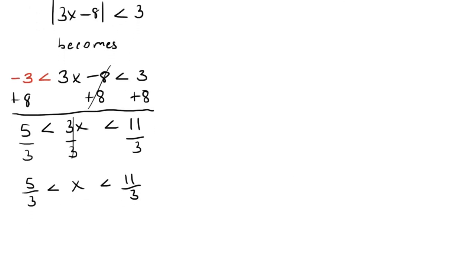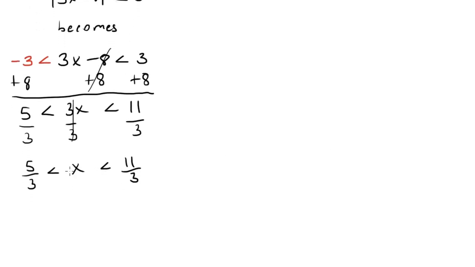Literally, what this means is that x can be any value between 5/3 and 11/3. If I plot that on a number line, 5/3 is the smaller number, 11/3 is the larger number. My number line goes from negative infinity to positive infinity. x can take any value in between. This is just less than, not less than or equal to, so parenthesis on both ends.